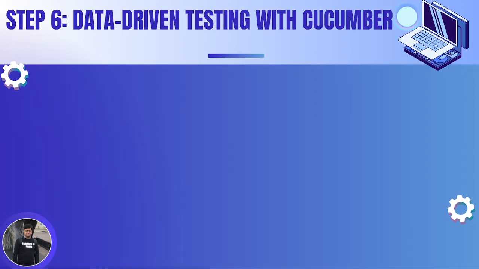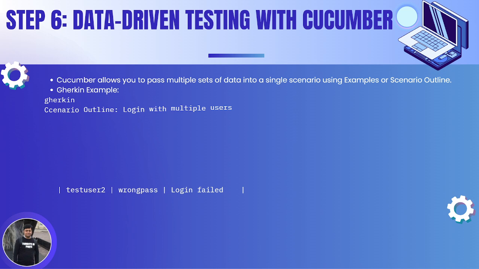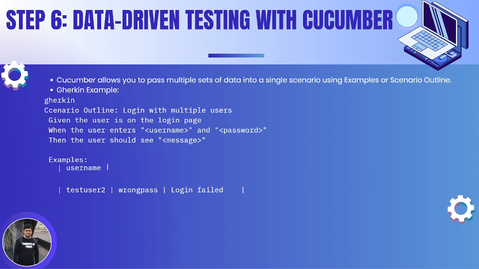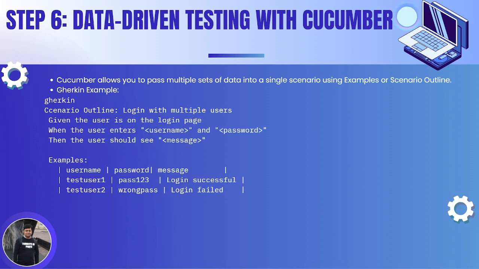Next is data-driven testing with Cucumber. Cucumber also allows you to pass multiple test data into a single scenario using Examples in a Scenario Outline. You can see the Gherkin example. This is the Scenario Outline: Login with multiple users. Given the user is on the login page, when the user enters, and you can pass the values.